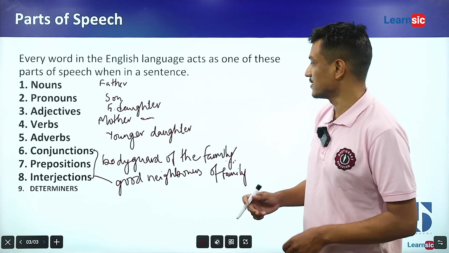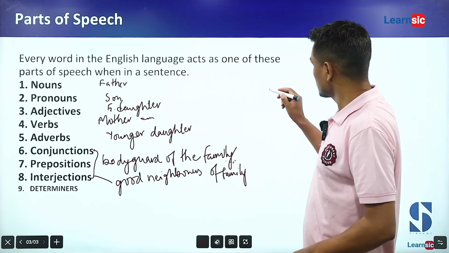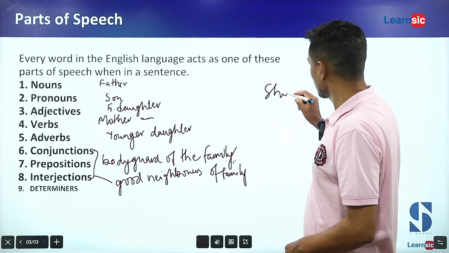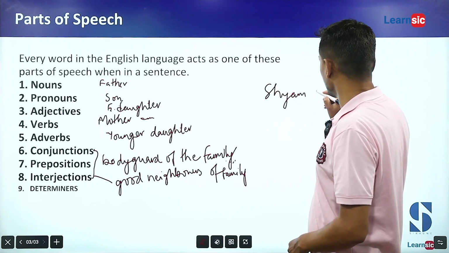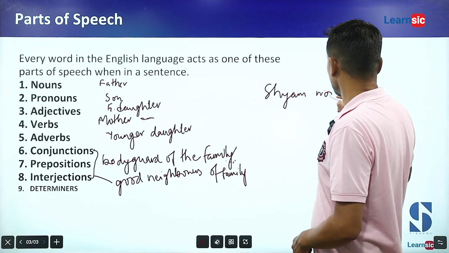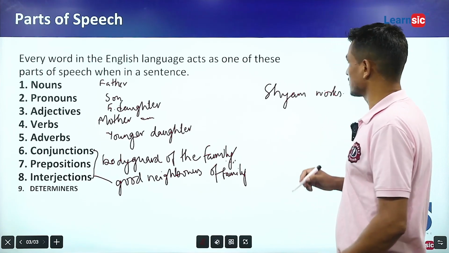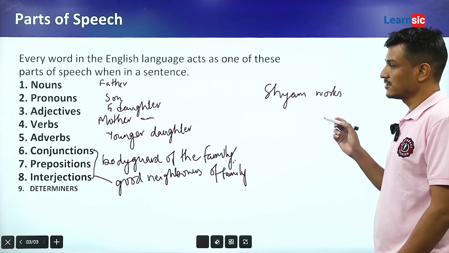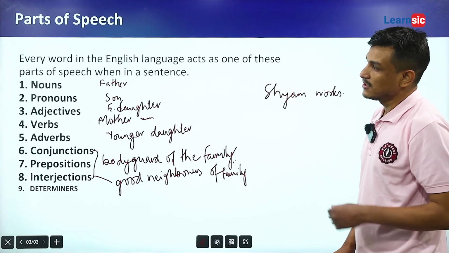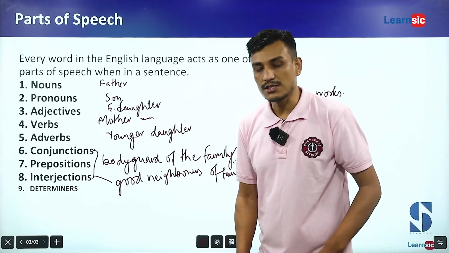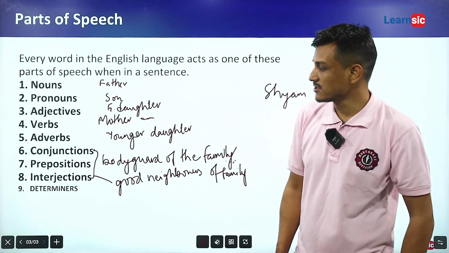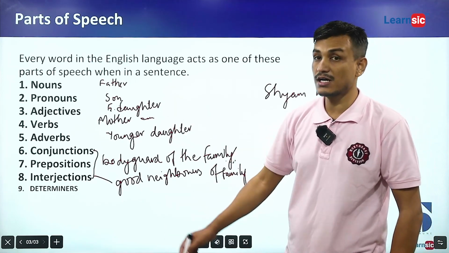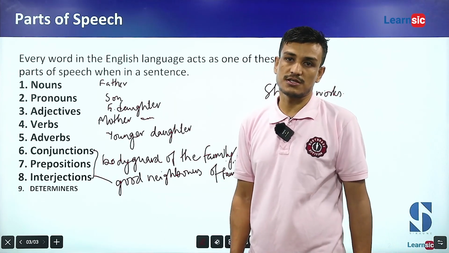Okay, let me say, Sam works. Sam works. This alone can make a sentence. So other parts like pronouns, adjectives, adverbs, interjections, and conjunctions are all optional parts of a sentence.